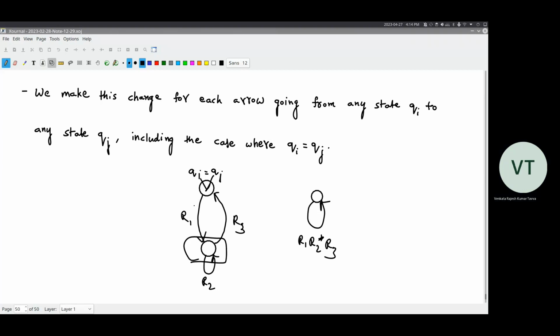And can the start state or accept state ever be Qrip? No. Why? They can be Qi, Qj. That they can be. Can they be Qrip?